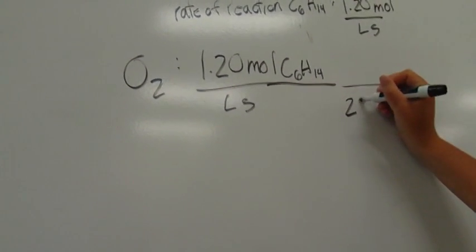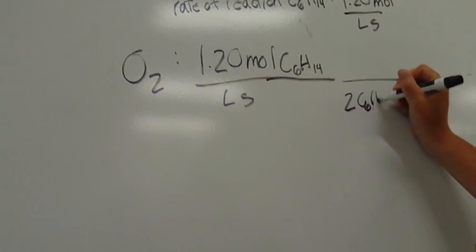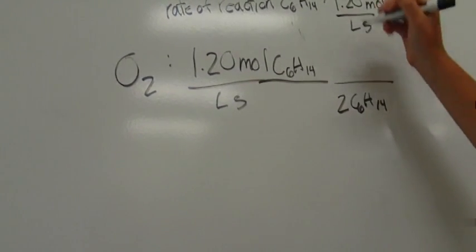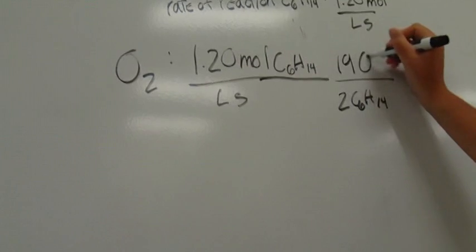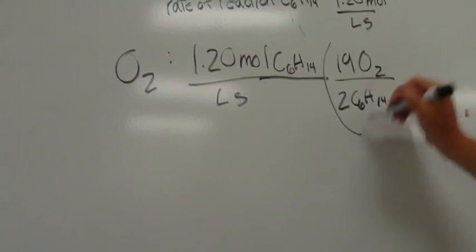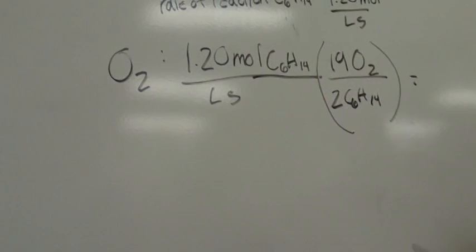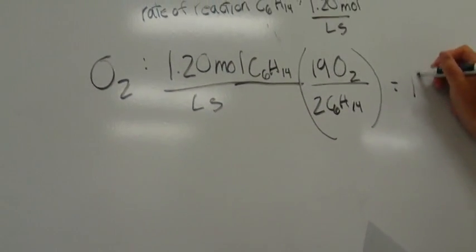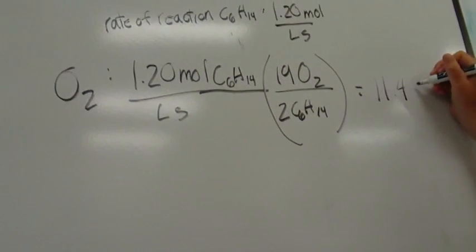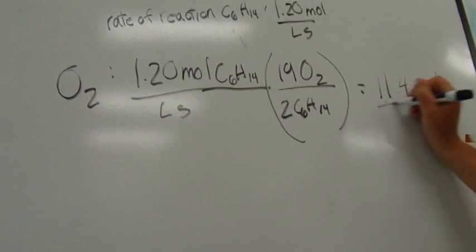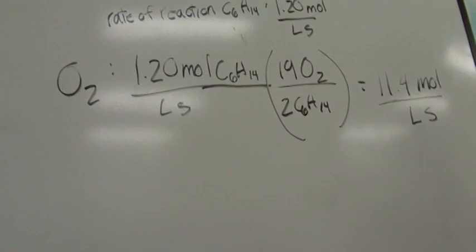There's going to be 2 moles of hexane for every 19 moles of oxygen. So just multiplying across there, we get 11.4 moles per liter per second.